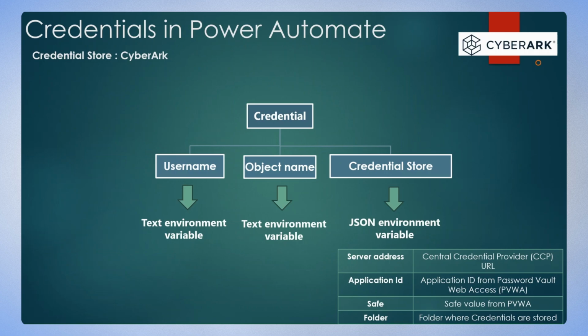The final one is a credential store, which is a JSON environment variable composed of the server address pointing to the CCP, or Central Credential Provider, URL, the application ID from Password Vault Web Access, the safe, once again a value from Password Vault Web Access, and finally the folder name where the credentials are stored in CyberArk. So this is, in a nutshell, how credentials are structured, both for Azure Key Vault and CyberArk.